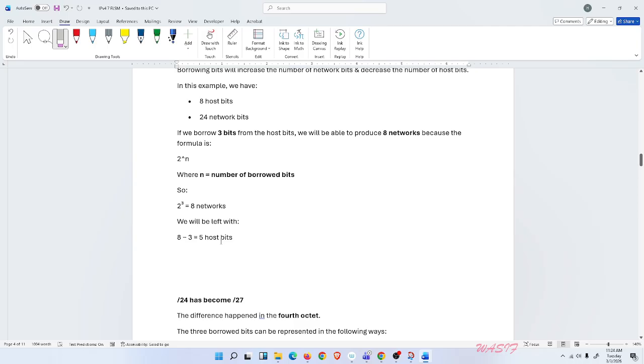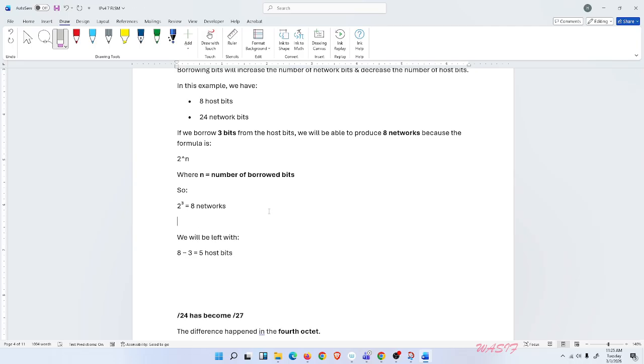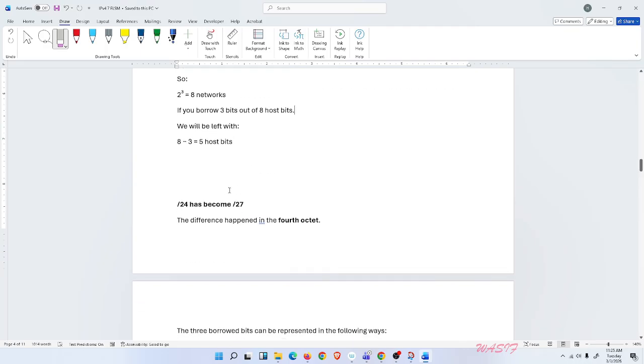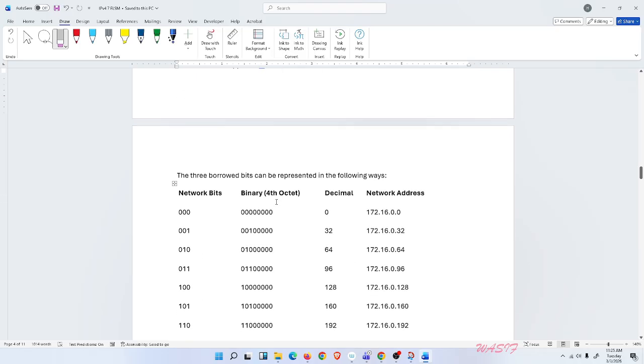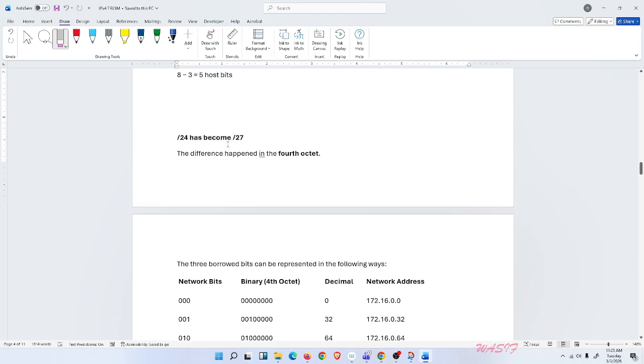So I can type here, if you borrow 3 bits out of 8 host bits, you will be left with 5 host bits. Now /24 will become /27. The difference is in the 4th octet, of course.